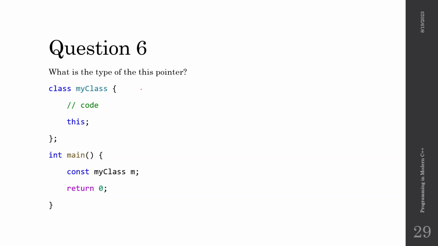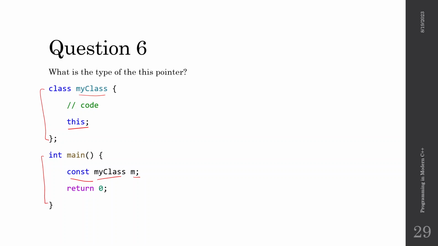So now let us discuss the solution. We are defining a dummy class here, because you can see that there is nothing inside the class. The class is my class, and there is some code here which doesn't matter, and then we are calling the this pointer. In the main function we have created an object of my class type called m, which we have defined as const.